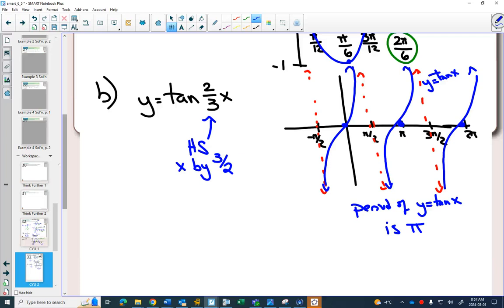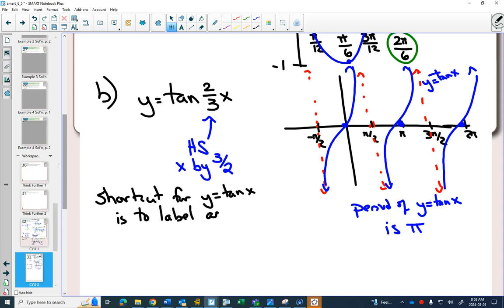So now we need to do a horizontal stretch by 3/2. Okay? The shortcut that we're going to use for tan is to label our asymptotes first.